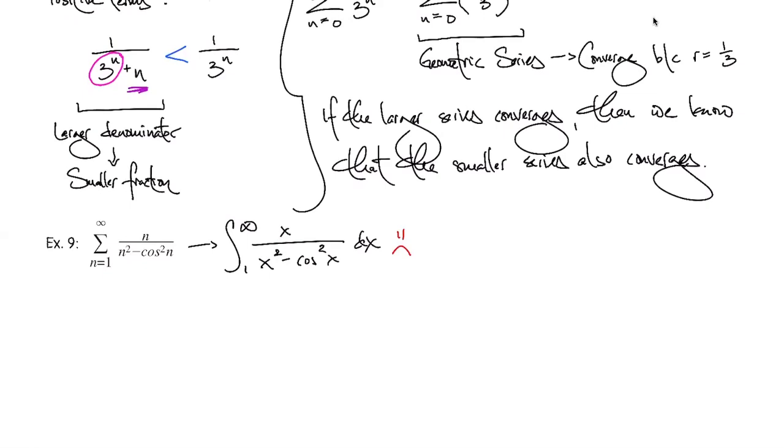Now, when I'm looking at this, I do want to make sure that I have positive terms, right? So when I look at this, I know my numerator has to be positive. What do I know about my denominator? Anything? X squared is bigger than cosine x.